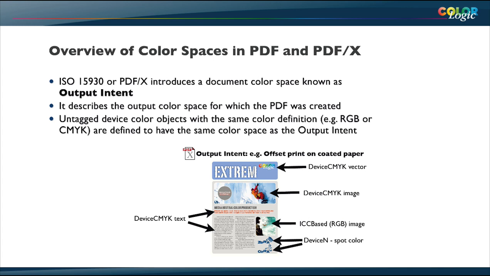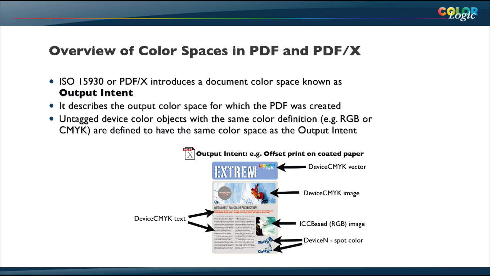So in my example here, I have device CMYK vectors and device CMYK images, and the output intent is a CMYK output color space, as in this example, offset print on coated paper, like ISO Coated, FOGRA39 or SWOP or whatever.